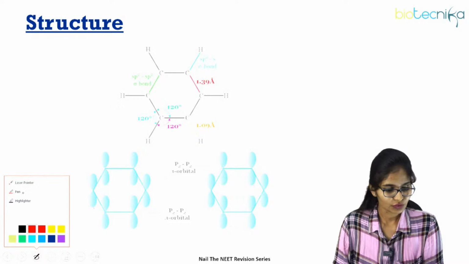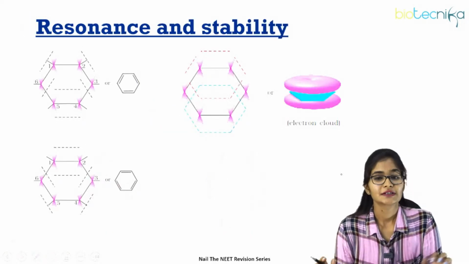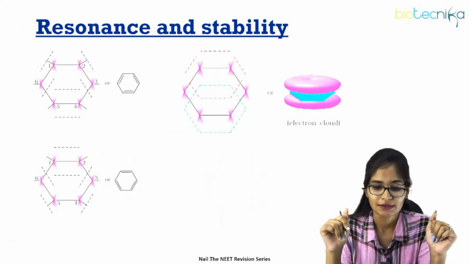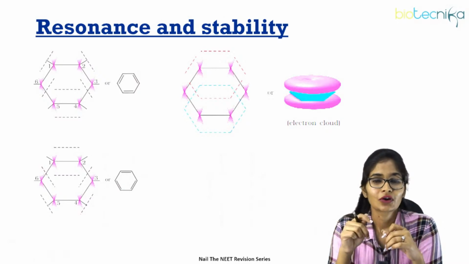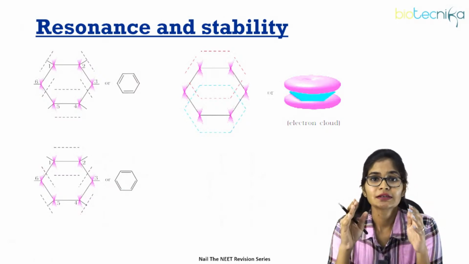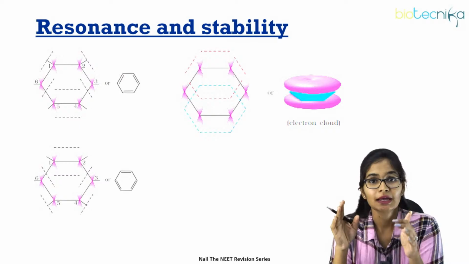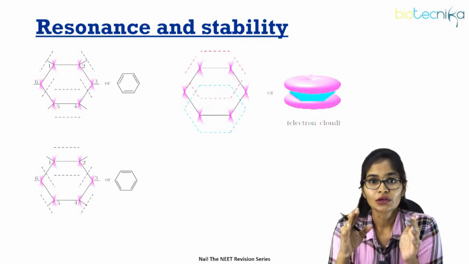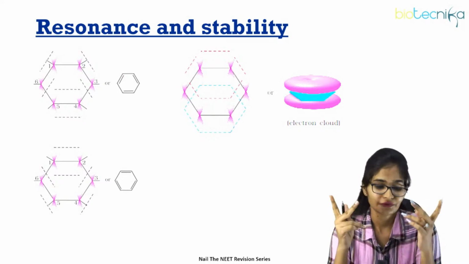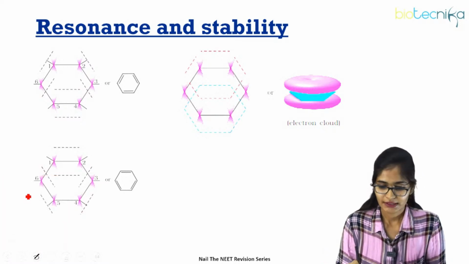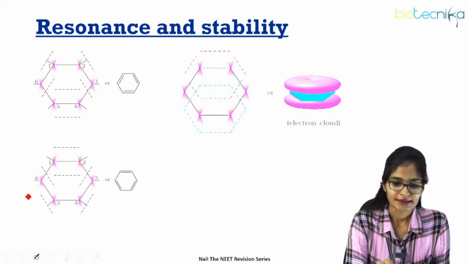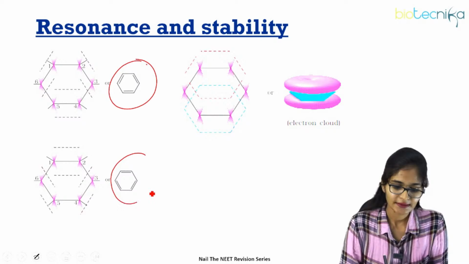Now we have to go on to study its stability and resonance part. So why has this resonance concept come? Because we can represent benzene as its resonance hybrid also. A single molecule can be shown in two different ways, where you just have to show the pi bonds inside the ring differently, like this benzene ring and this benzene ring.